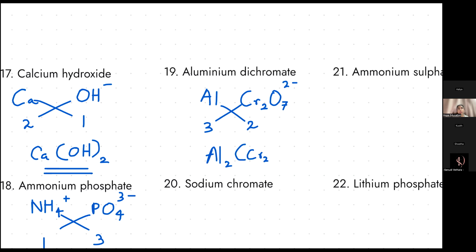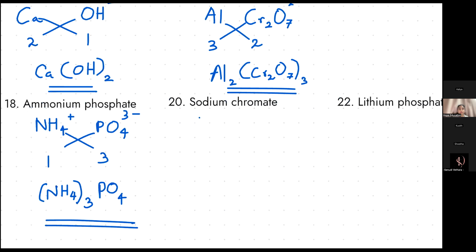So aluminium gets 2, dichromate gets 3. Sodium, we know it's Na. What is chromate? CrO4, 2 minus.